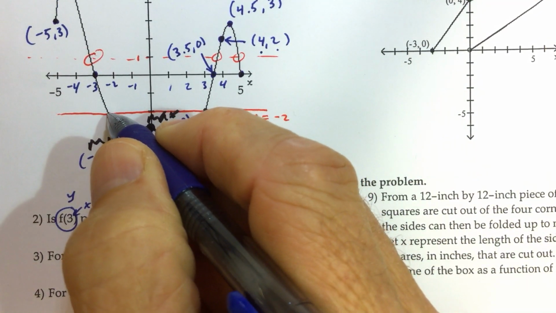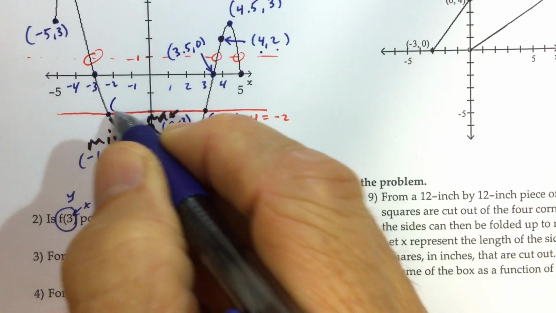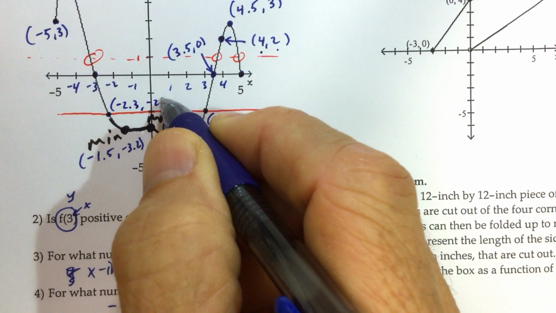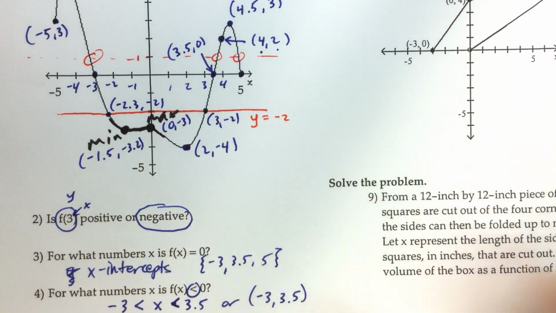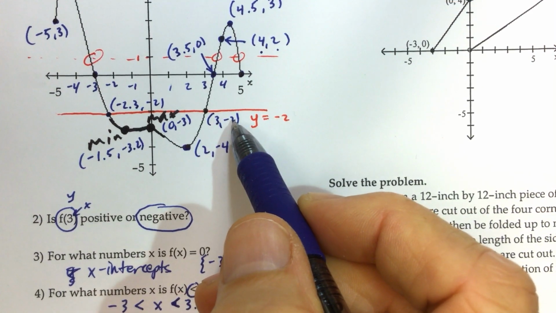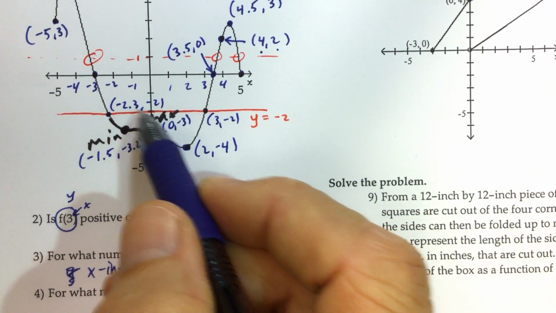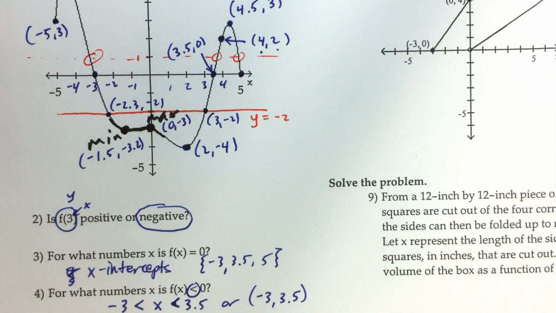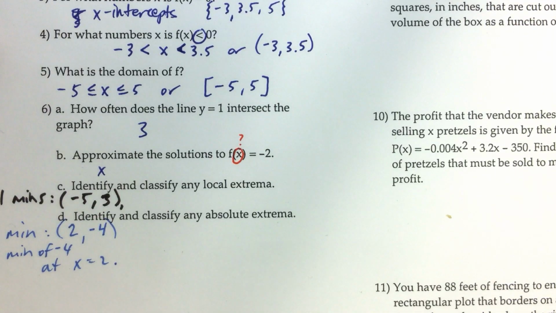And then over here, I'm going to estimate the coordinates of that point to be (negative 2.3, negative 2). So the x coordinates that would cause the y coordinates to be negative 2 are both negative 2.3 as well as 3.